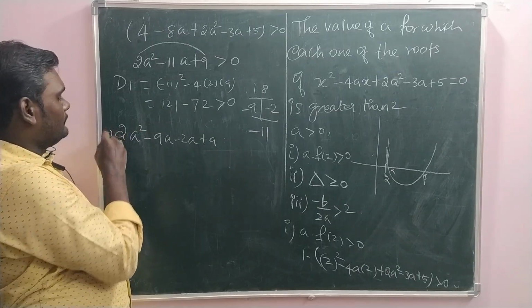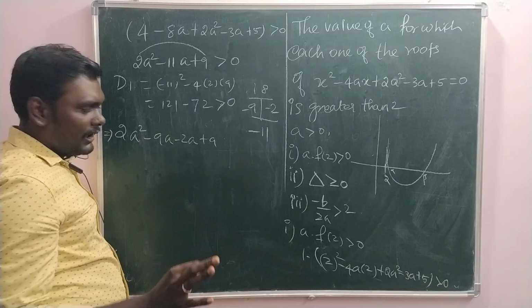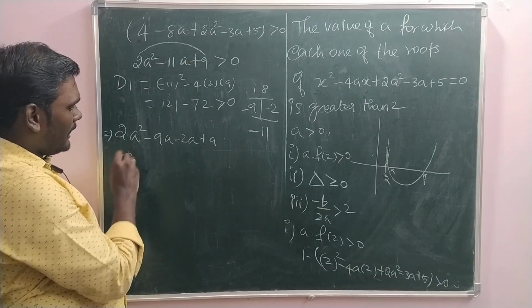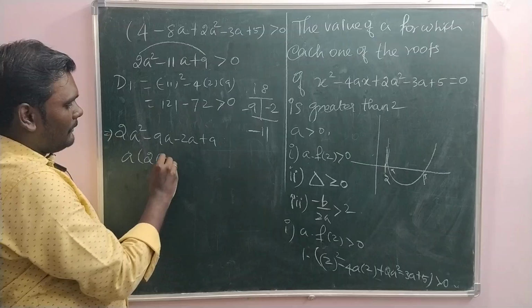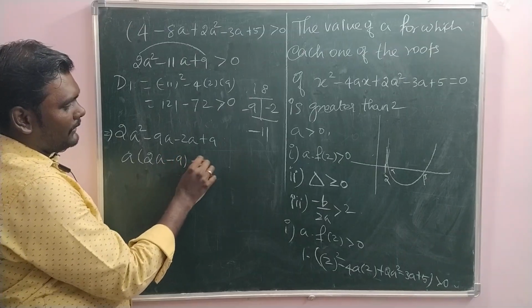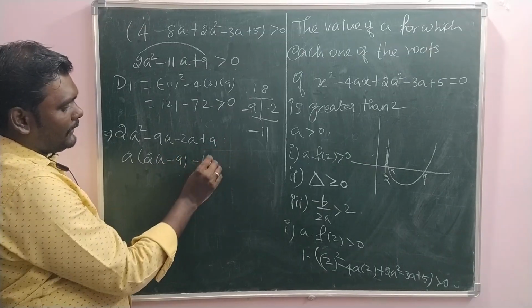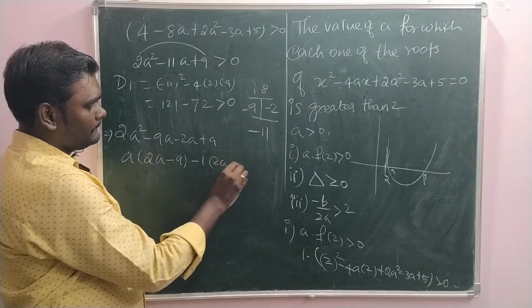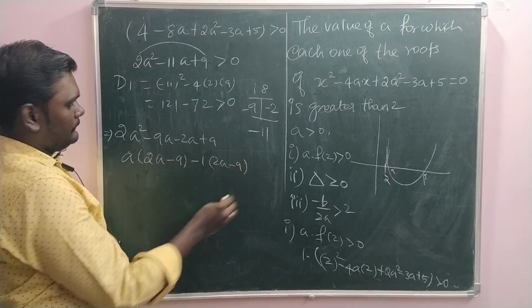You just see where it is greater than 0, that interval we have to take. Okay, so here we will take a as common, then we will be having 2a minus 9. Here minus 1 as common, then we will be having 2a minus 9.